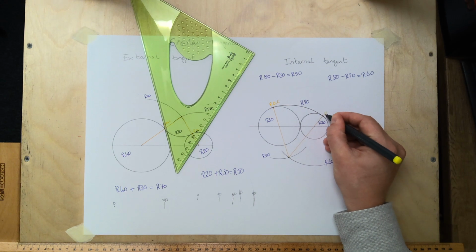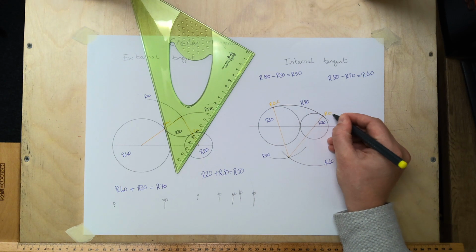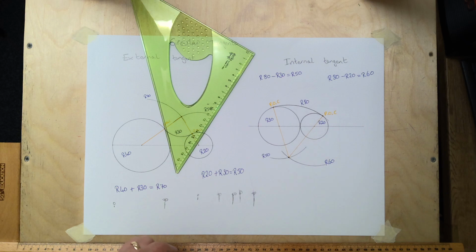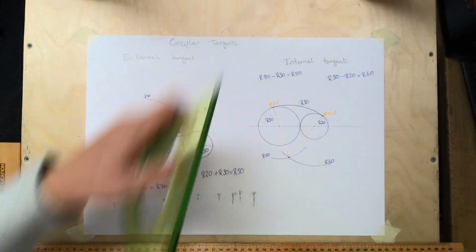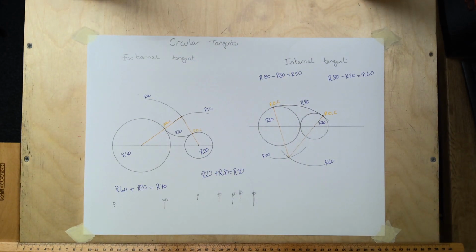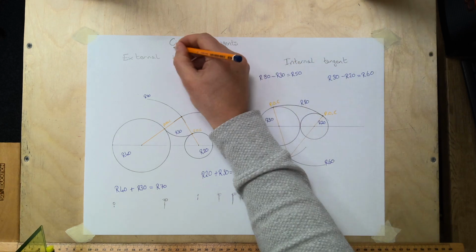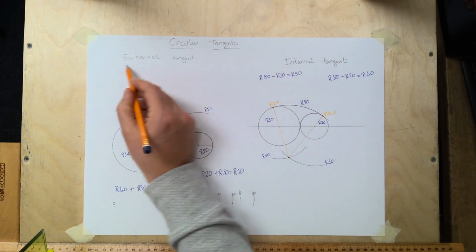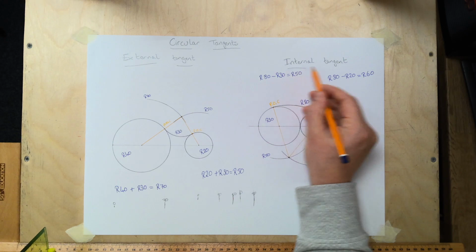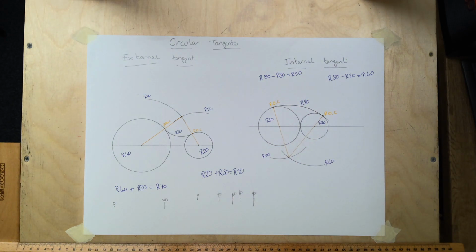There's my point, P.O.C., point of contact. Okay, so that there is circular tangents. We have our external tangent and our internal tangent. Those are the two we're going to work on. Okay.